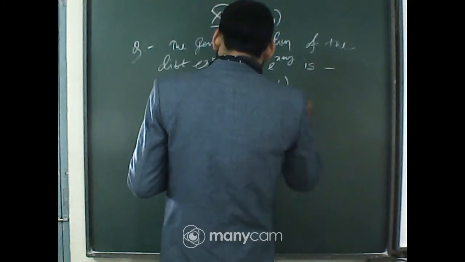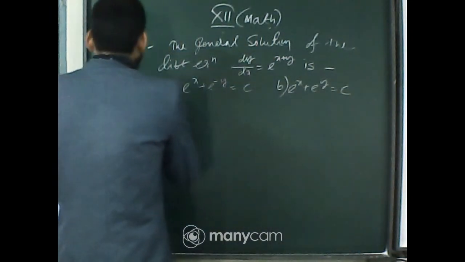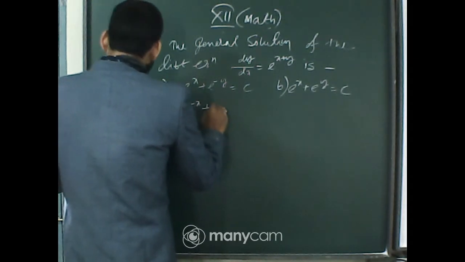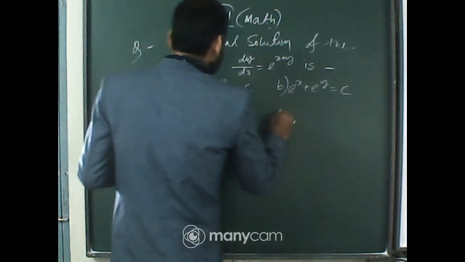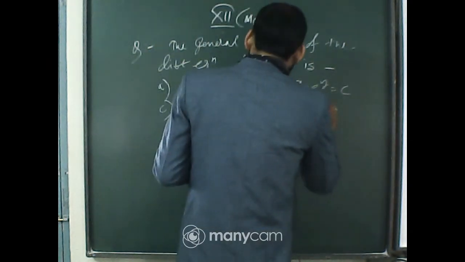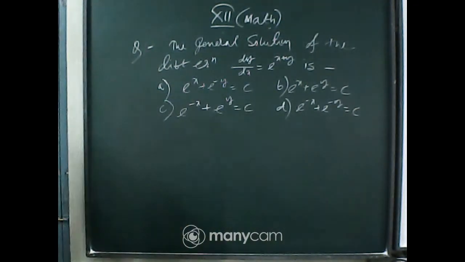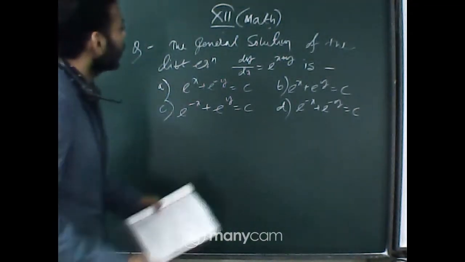Option B, e to the power x plus e to the power y equals c. Option C, e to the power minus x plus e to the power y equals c. And option D, e to the power minus x plus e to the power minus y equals c.